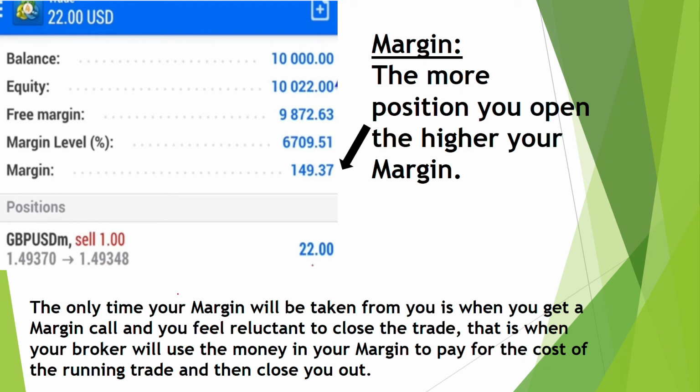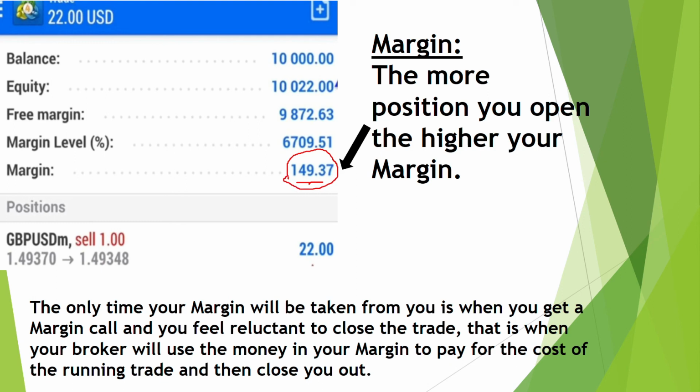So if you have a running trade and you have a margin call, if you refuse to close that trade at that moment, the money on your margin will be used to pay for the balance cost of that running trade. But if you close it, the money on your margin will be refunded back to you because it's a down payment.